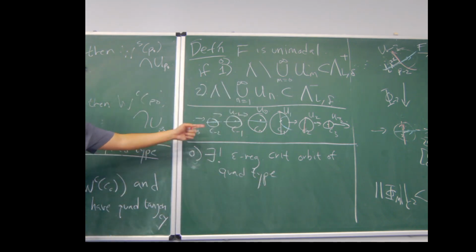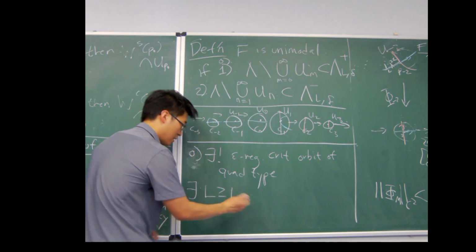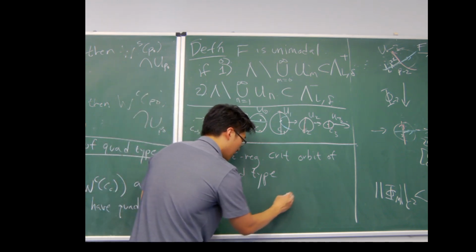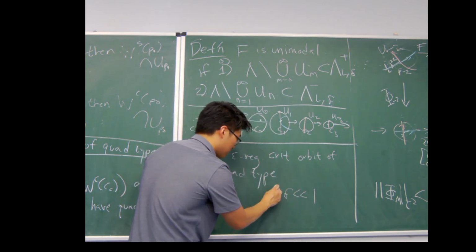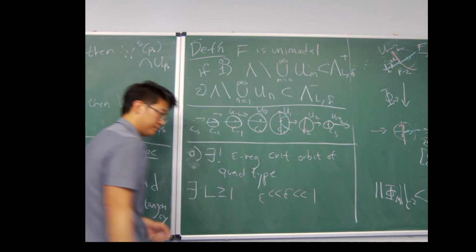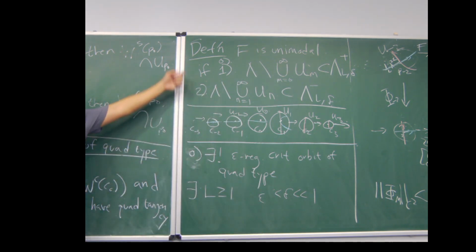And then once you have this, there exists some uniform constant L and some uniform constant delta, which is really small, but bigger than epsilon, such that these conditions hold. Okay, and then we say that it is uniform.